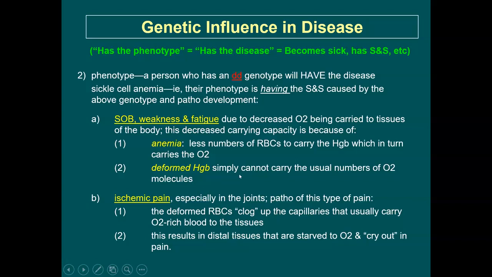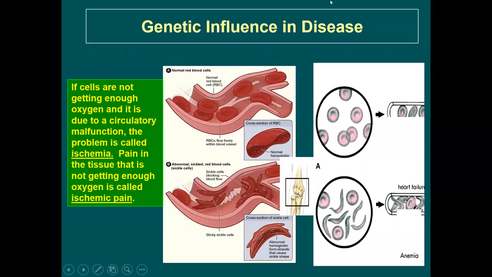So what happens with this? Well, all the words are there in your notes, but let's look at a picture of this. Normally, your normal-shaped red blood cell is able to bend and flex and slither through the small blood vessels on its way to the different cells in the body. But when the individual has sickled red blood cells, these have a tendency, when there are smaller vessels, to clump together and form an obstruction to the flow of blood.